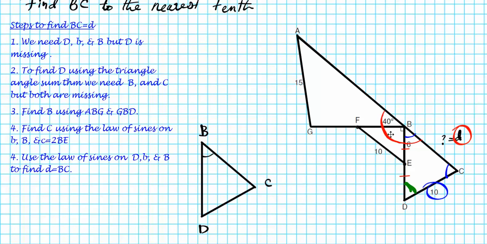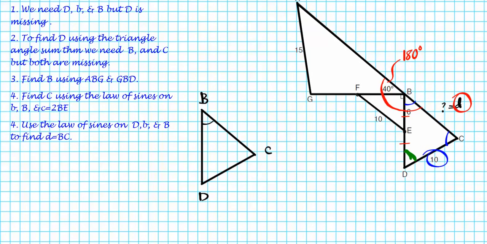So as indicated earlier, this entire thing is 180 right here. This red angle is 180 degrees. So let's write down a statement: the measure of angle ABG plus the measure of angle GBD plus the measure of angle CBD, in this case.